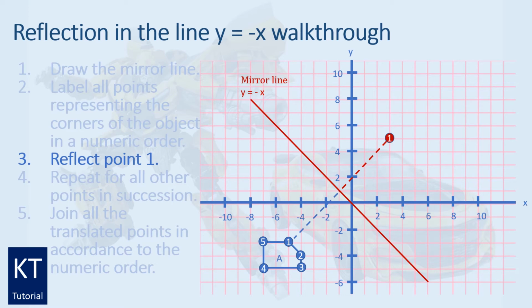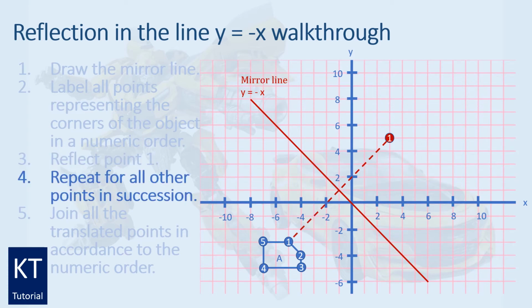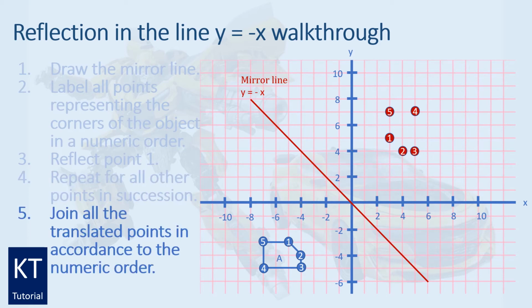Reflect point 1, ensuring the dotted line is perpendicular with the mirror line y equals -x, and the red point is the same perpendicular distance from the mirror line as this distance for the blue point. Step 4. Repeat step 3 for all other points in succession, namely points 2, 3, 4, and 5. Step 5. Join all the translated points in accordance to the numeric order.